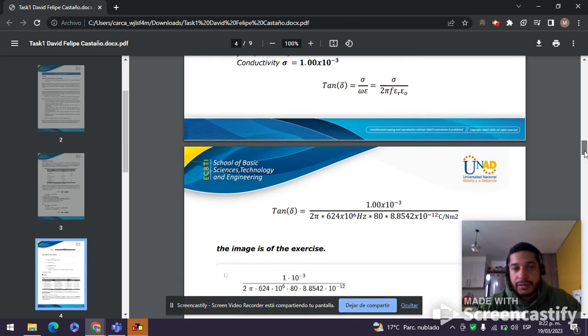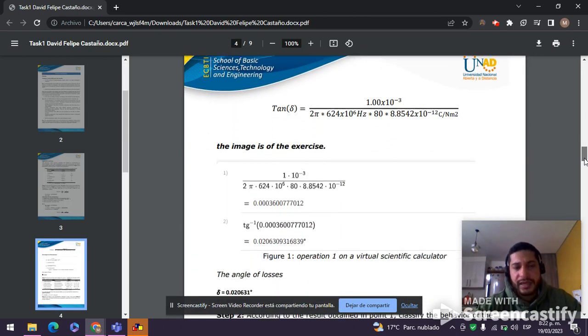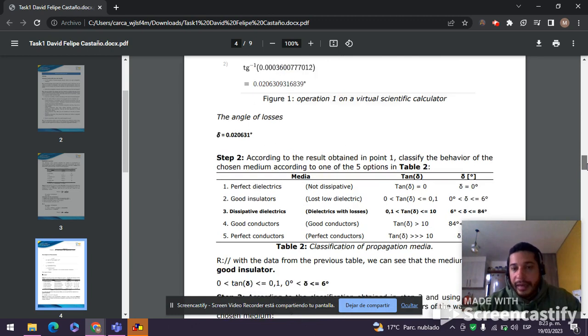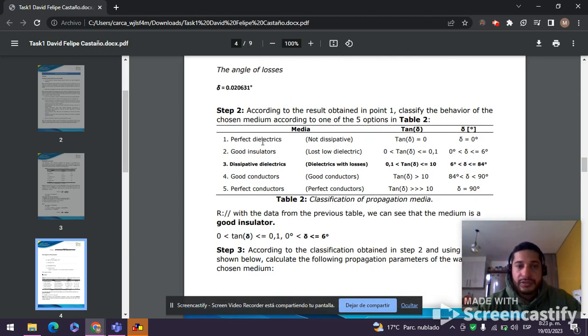The angle: I use this equation, the inverse tangent of this value. Later I will have this part. Then I will try to understand the medium of propagation with the last answer.